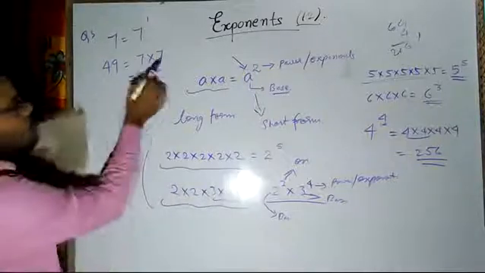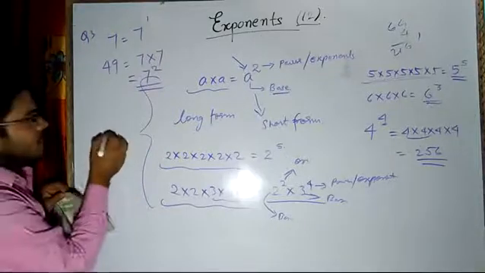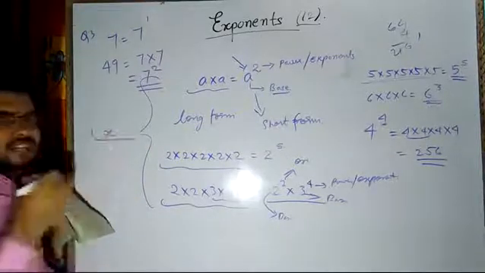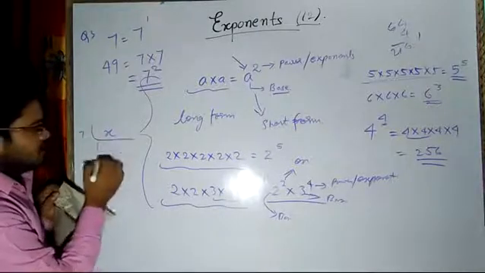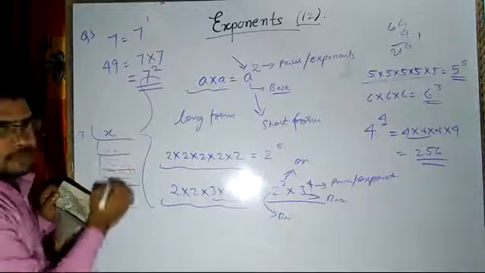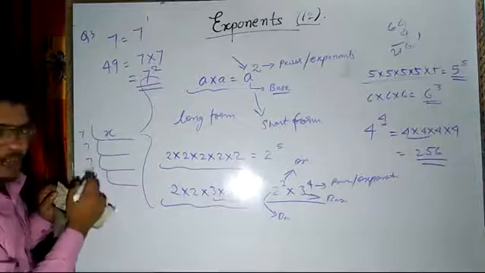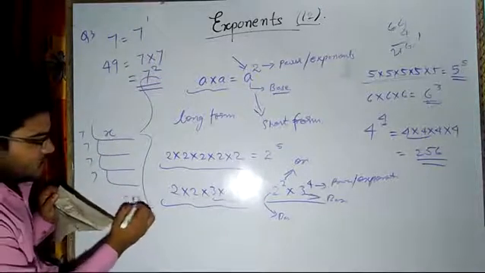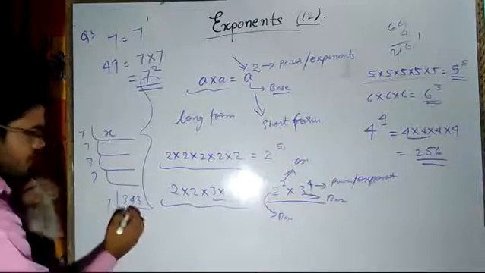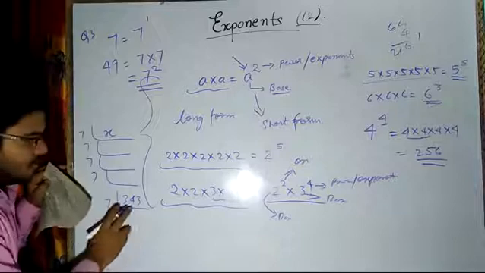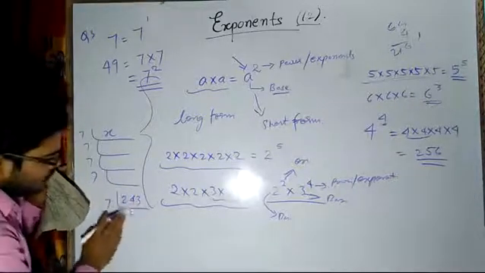Now how to get this 7 into 7? Suppose I have another number, and they are asking to write in powers of 7, so what we will do, we will try to factorize it, to do prime factorization, and then we will be seeing the numbers here. Like in case of 343, 7 4s are 28, 7 3s are 21.